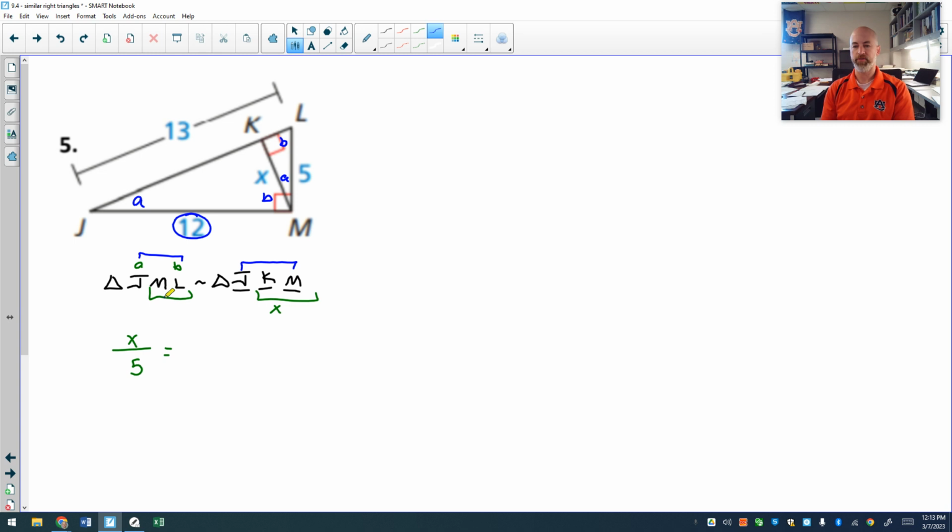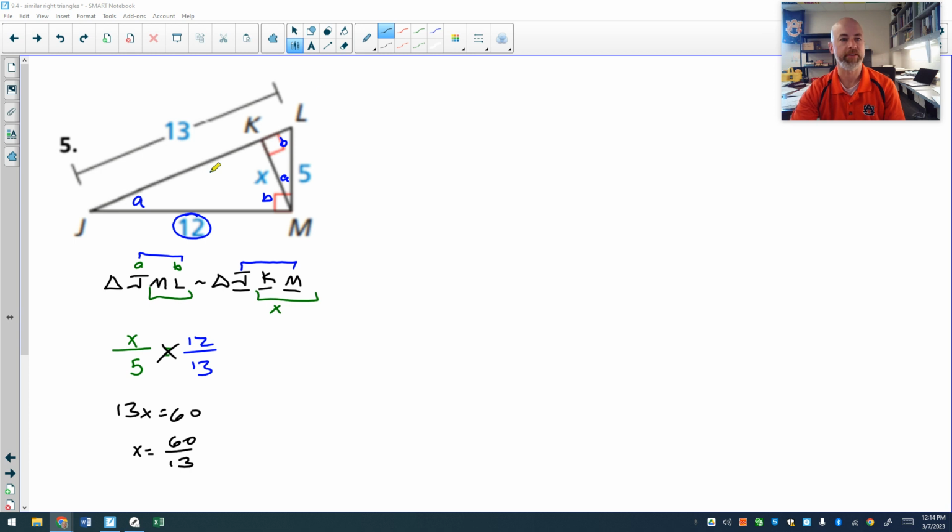So I have X over ML is JM, which is 12, over JL, that's the first and third of the original, that's 13. And now we finally have a good old proportion that we can cross multiply and solve. So I have 13x is equal to 60, and then we'll divide by 13, and I get 60 divided by 13. And so there is your answer for x on number 5.